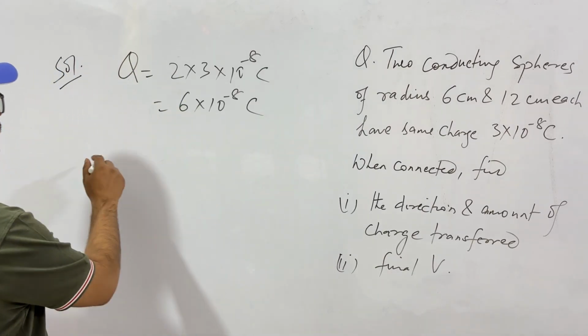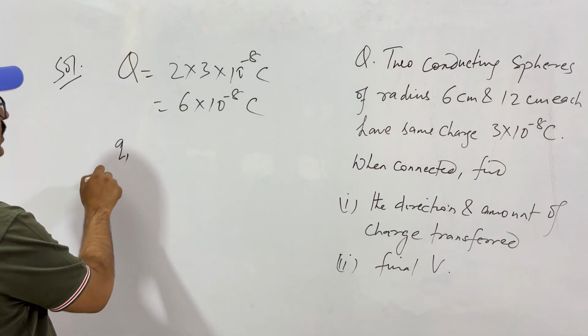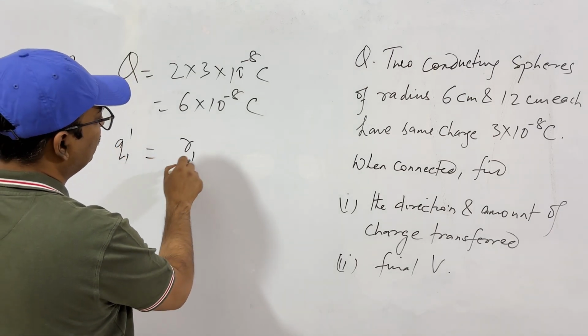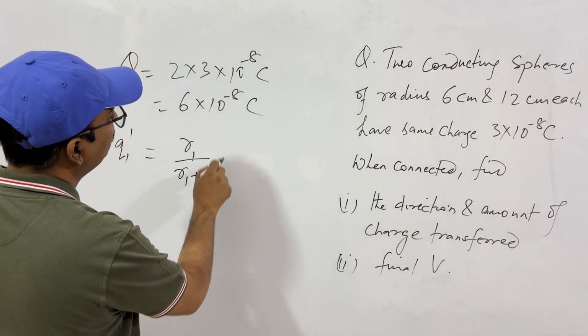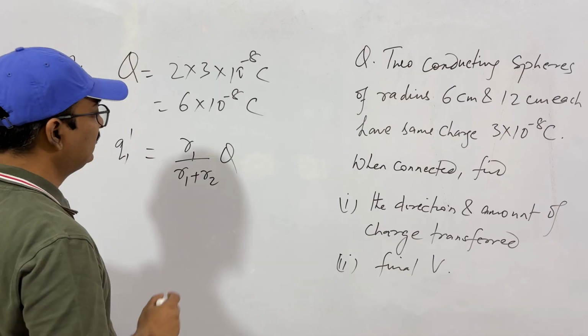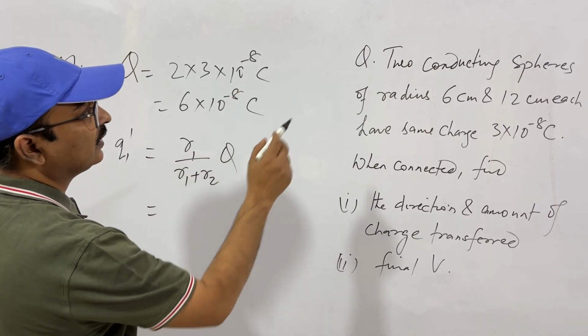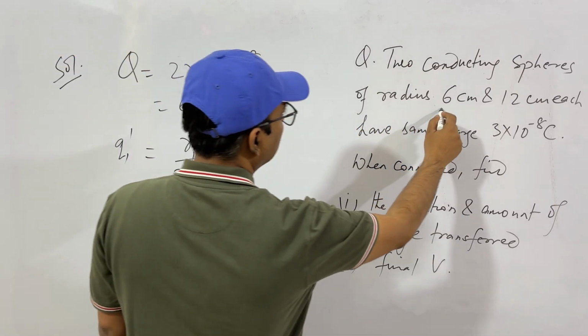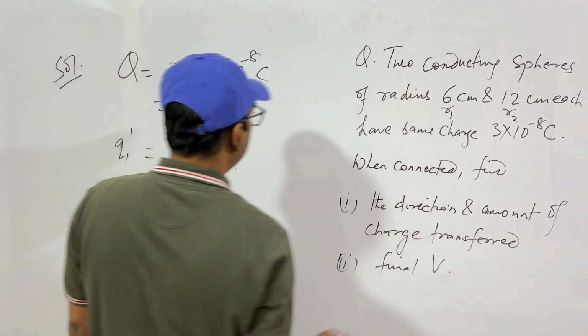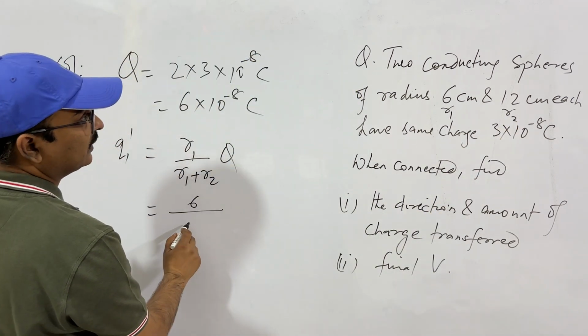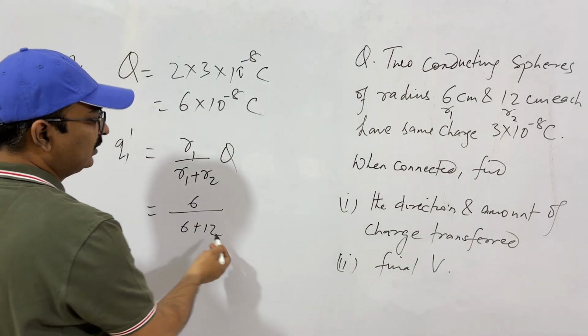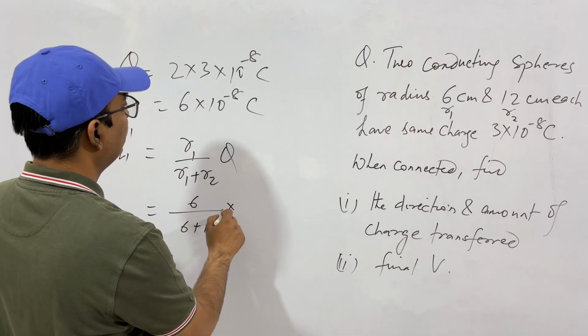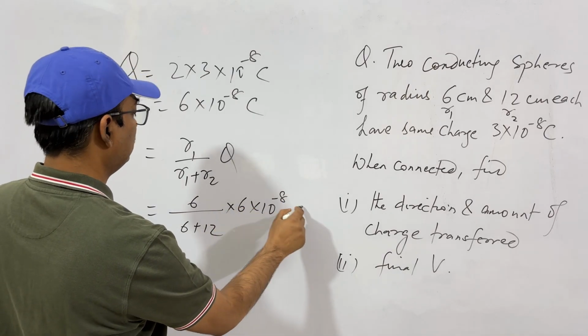Let's first of all see what is the charge transferred. You know, the new charge on Q1 will be R1 by R1 plus R2 into the total charge. This we have just seen. Let's say this 6 is R1 and this is R2. So this will be 6 by 6 plus 12 centimeter, it is the ratio, into 6 into 10 to the power minus 8 coulombs.